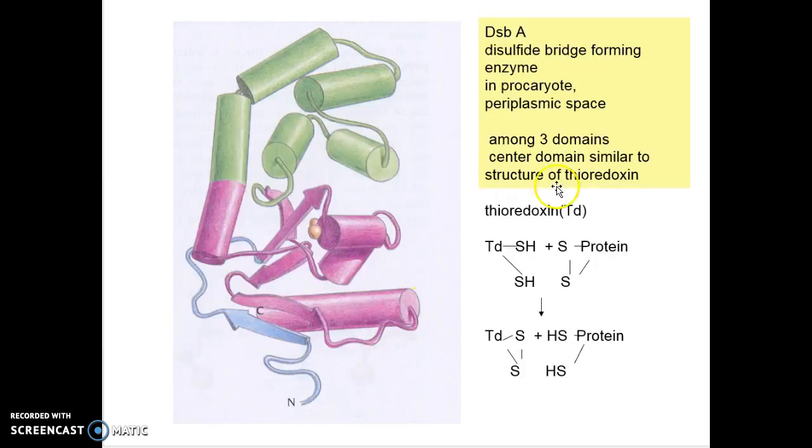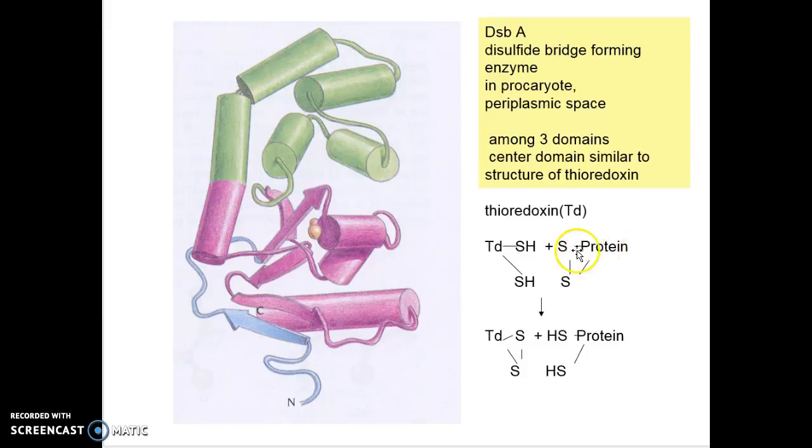In E. coli, DsbA, disulfide bridge forming enzyme, had been determined for its structure and has this kind of three domains, okay. Centered domain resembled the structure of thioredoxin. Actually, thioredoxin has a function in catalyzing this kind of reactions.